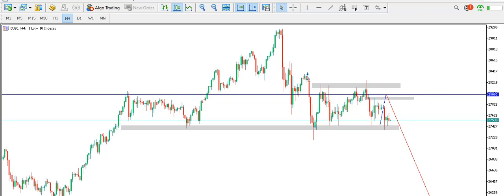Scenario number 1, this being a support, we might get short buys to 28,000 zone. That becomes our optimal trade entry point. We buy short buys. Remember, our directional bias is a sell. So we might get short buys towards 28,000 zone.